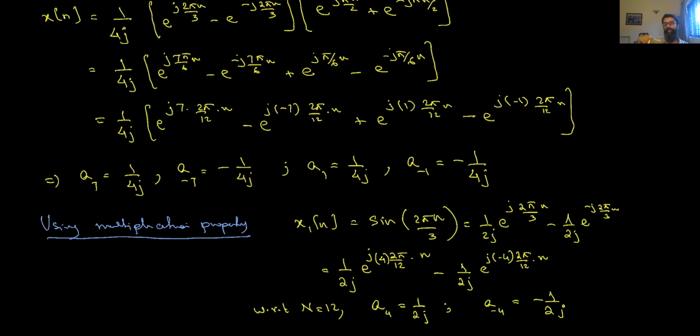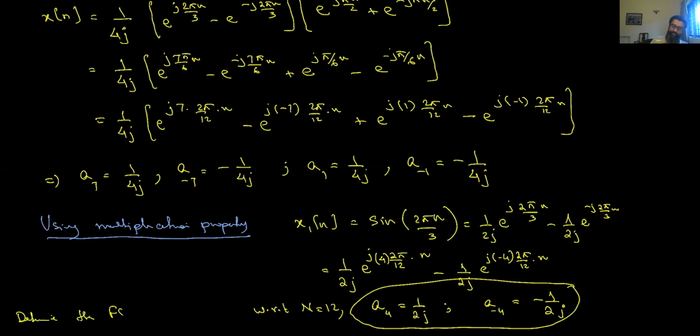If I were determining it with respect to a period of 3, then I would have gotten a plus 1 equals 1 upon 2j and a minus 1 equals minus 1 upon 2j. So the Fourier series coefficients change with respect to the period that you're determining them with respect to.